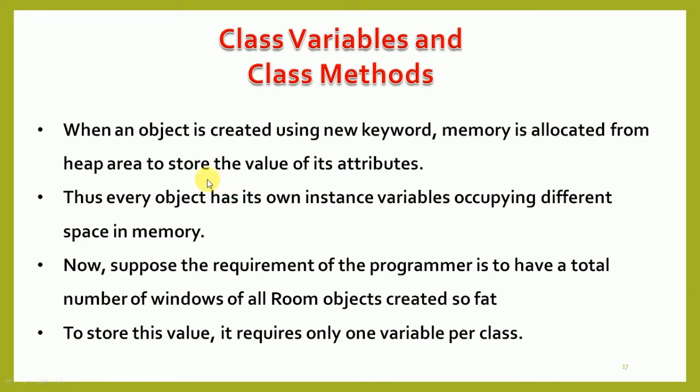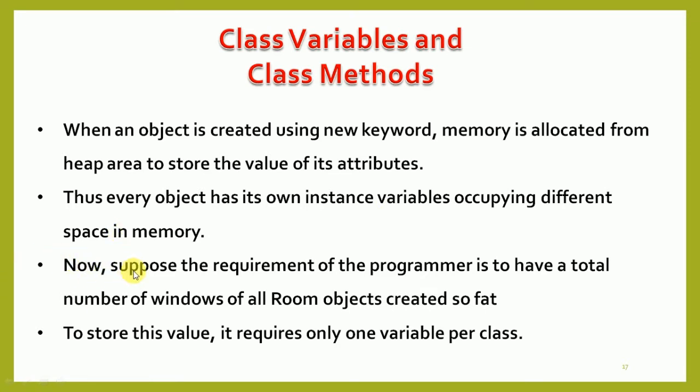When an object is created by using the new keyword, memory is allocated from the heap area to store the values of its attributes. Every object has its own instance variables occupying different space in memory.